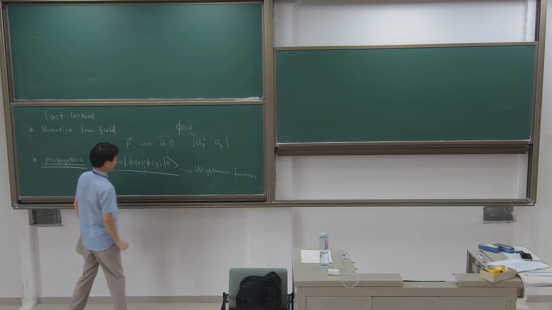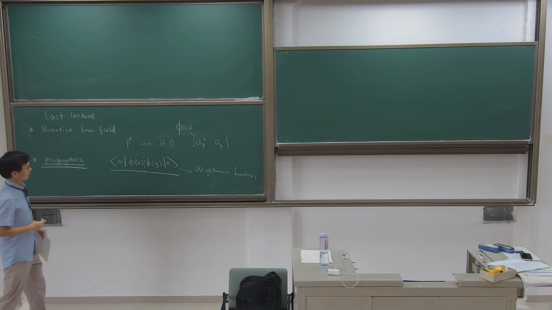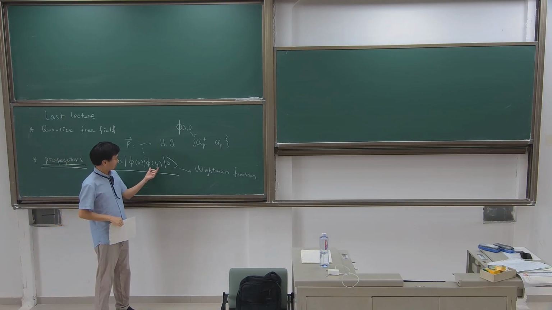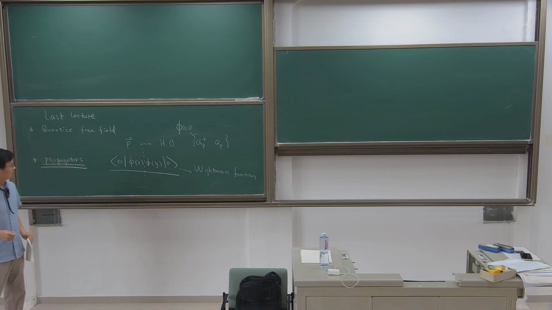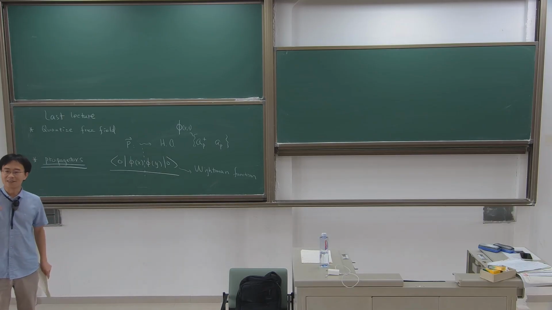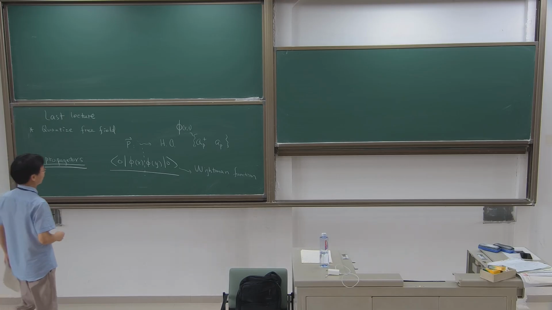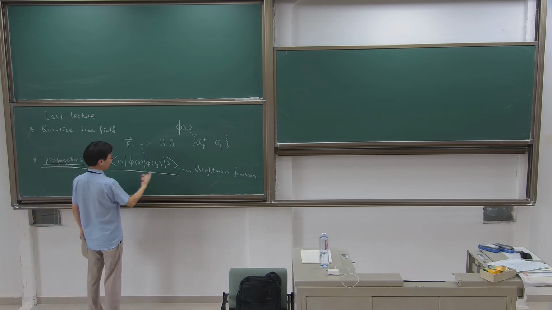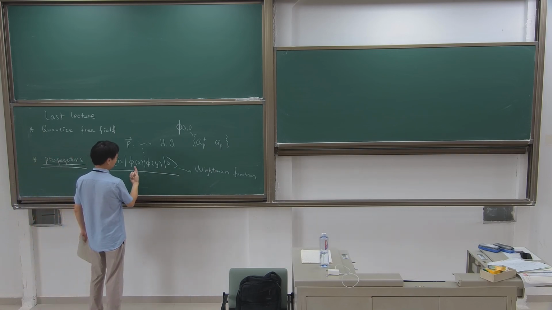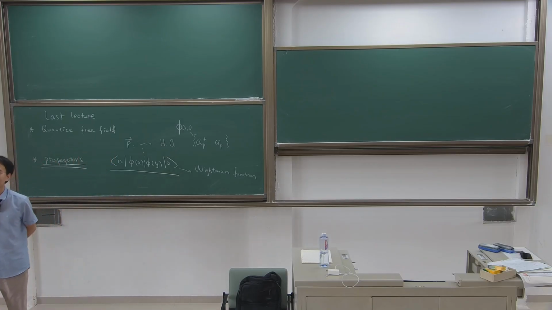We also mentioned the physical picture of acting with this local phi operator on the vacuum. So what does this describe? We mentioned that it's not a sharply localized state. It is localized, but not quite sharp. Then by doing this kind of overlap, you get non-zero results.